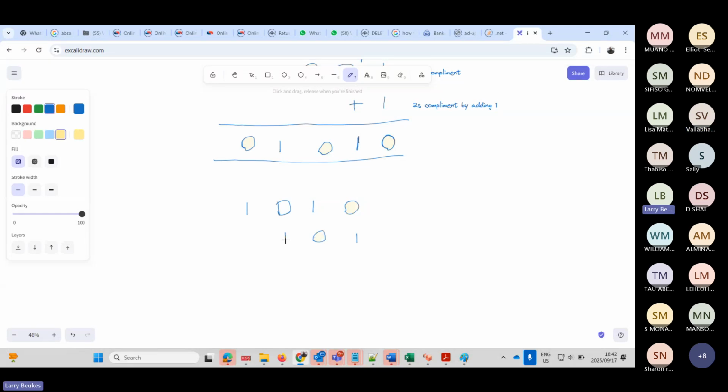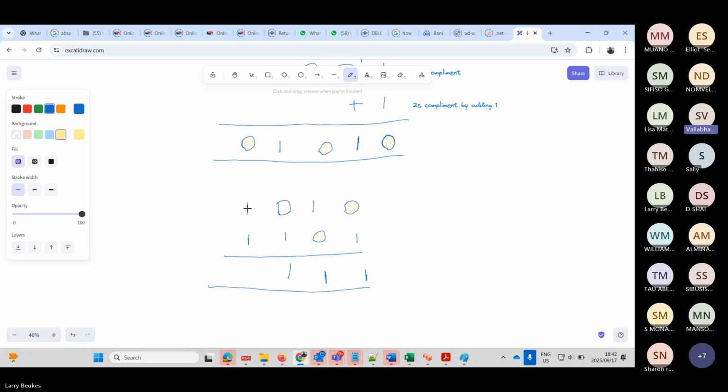So this is simple. Let's make it like another 1 to the left side. It's going to be 1 1 1 1. Okay, so let's do this one. 0 plus 1 is 1. 1 plus 0 is 1. 0 plus 1 is 1.